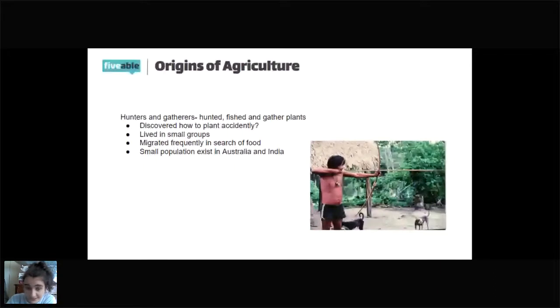They exist because of cultural reasons. They are basically isolated groups in the forest or specific areas who don't really want to interact with the rest of the world because of cultural reasons.